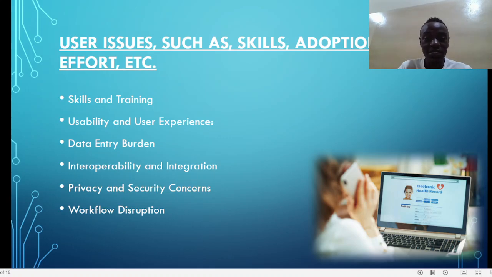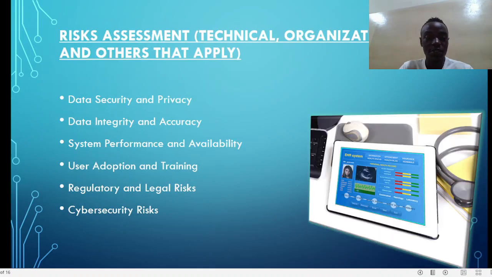We have usability and user experience, such as a complex user interface. Then we have data entry burden. Of course, it is a burden. It is tiresome. Then we have interoperability and integration. Then we have privacy and security concerns, and workflow disruption.